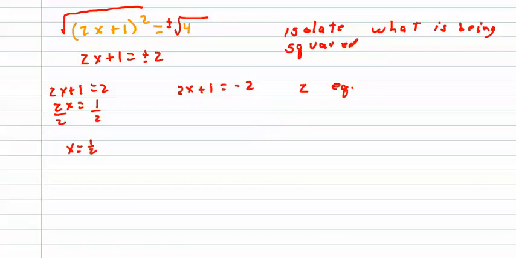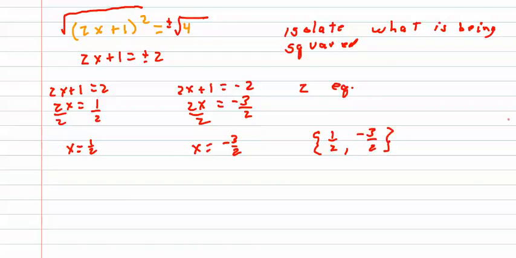Subtract 1, 2x equals negative 3. Divide by 2, and we have x equals negative 3/2. So our answer, 1/2 and negative 3/2. All right, let's do one more example like this and we'll call it a day.